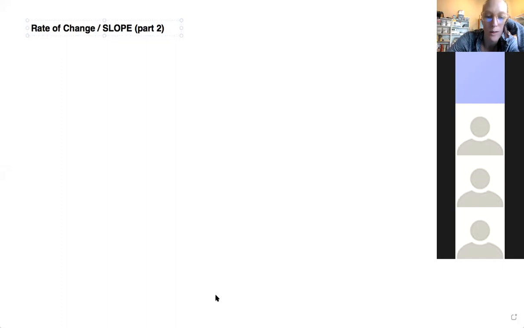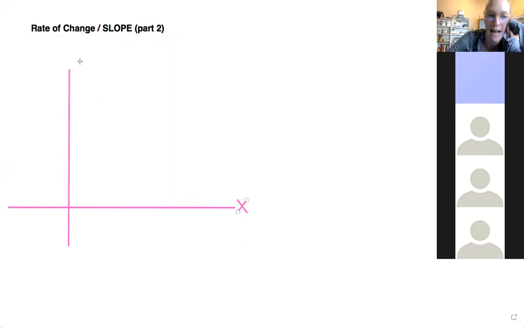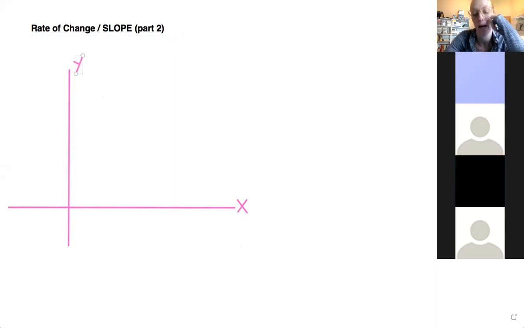All right, so just as a recap, we've been talking about slopes, which come from functions. Functions are inputs and outputs that can be graphed on a coordinate plane, right?